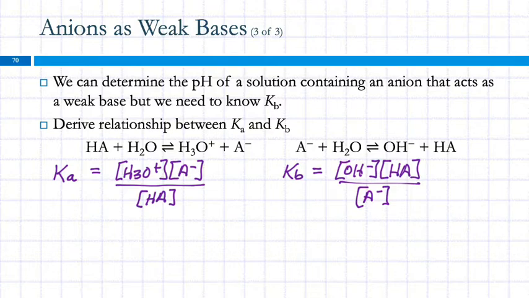I'm going to start over here and solve to make this HA over A minus, just because I felt like doing it. So I'm going to keep these two over here, and put the hydroxide on the other side. So that's going to be equal to Kb divided by the hydroxide ion concentration. Just rearranged it.